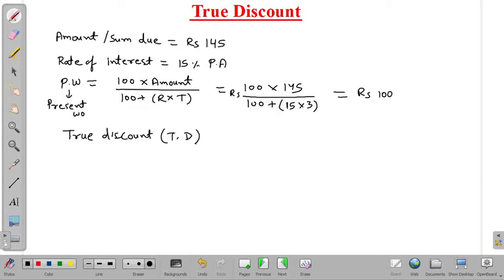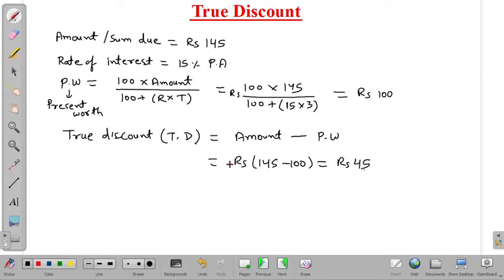True discount equals amount or sum due minus present worth. So it will be rupees 145 minus 100, so true discount is equal to rupees 45.